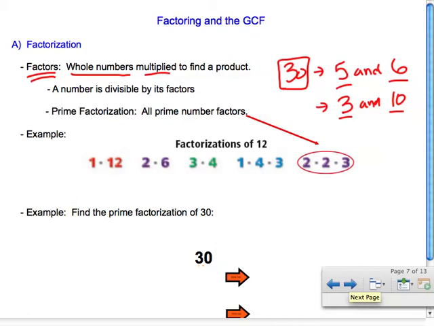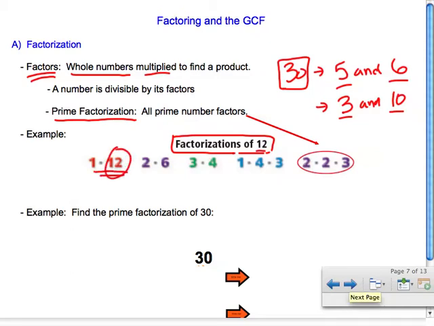The prime factorization of a number is just its prime factors. I basically boil down, for example, the number 12 into a list of numbers that are prime. You can see I'm multiplying. A list of numbers that are only prime numbers that make the number 12. And we generally leave off the number 1 because that one's just kind of obvious. So 1 and 12 multiply to make 12.